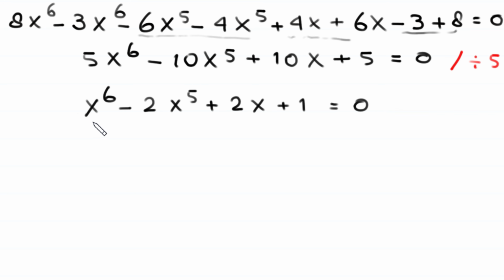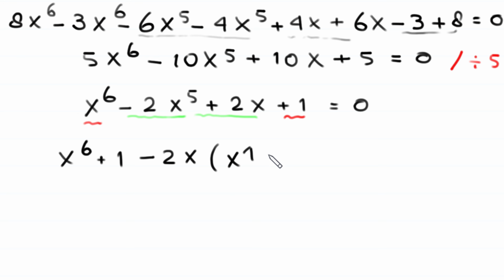We group these two terms, x^6 and plus 1. So this will become x^6 plus 1, and from these two terms, negative 2x^5 plus 2x, we can factor out negative 2 times x. In bracket is left x^4 minus 1 equal to 0.